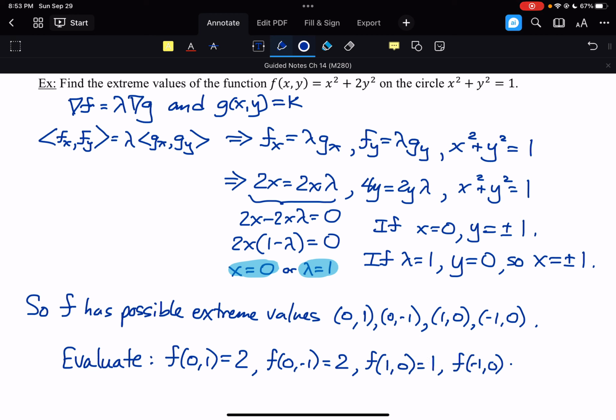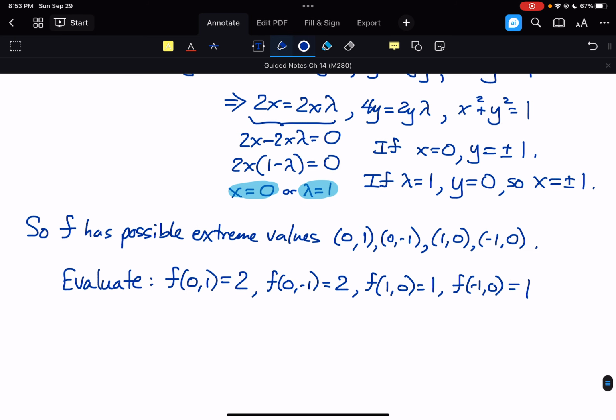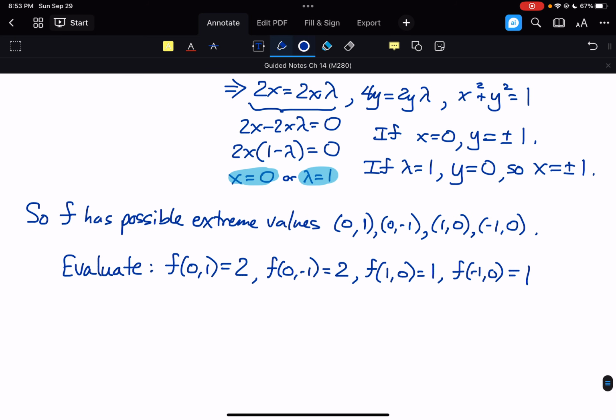And f of -1, 0 is also 1. So we plugged those back into the original function to see their outputs. And remember, with the Lagrange multiplier test, whatever value is the highest, that's the max. Whatever value is the lowest, that's the min. And they can share the title. So in this case, we have 2 values that are the highest and 2 that are the lowest.